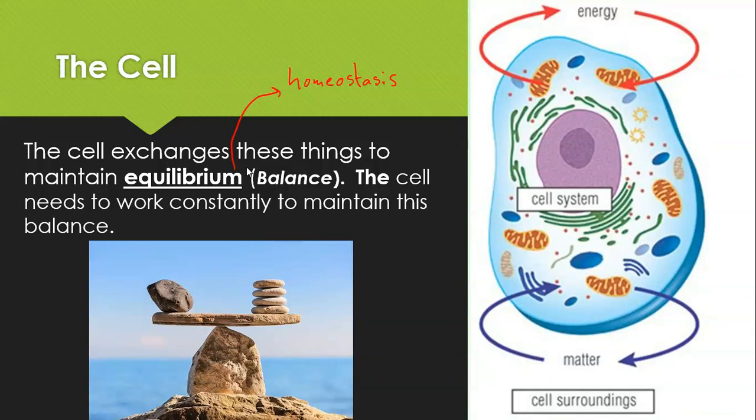In order for a cell to maintain that balance that's essential for life, the cell has to take in matter, get rid of waste, take in energy, get rid of energy. If input equals output, then you have balance. The cell has to work to maintain this balance. It has to bring in nutrients, bring in energy, do metabolism, which is a bunch of chemical reactions within the cell, and again, get rid of waste products.